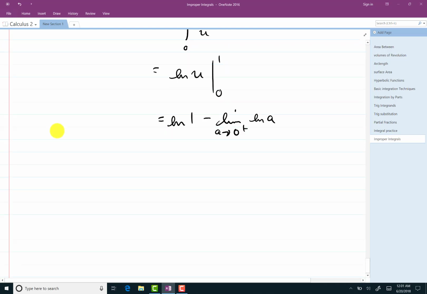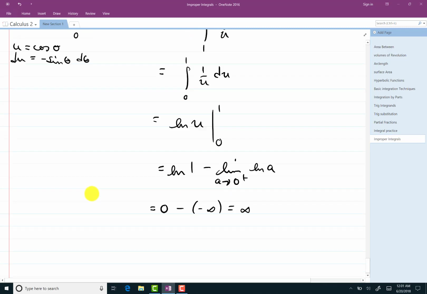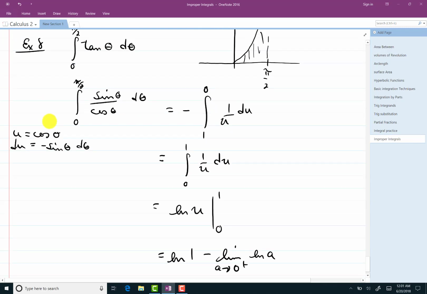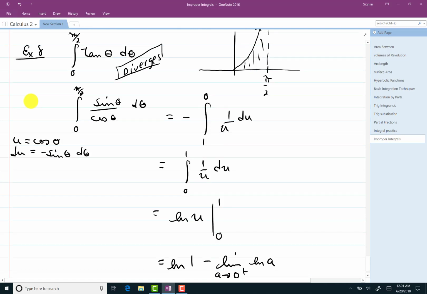And we all know that as the natural logarithm tends to get close to the y-axis, it shoots off to negative infinity. So you get 0 minus negative infinity equals infinity, and this diverges. So there's not a lot more to it than that.